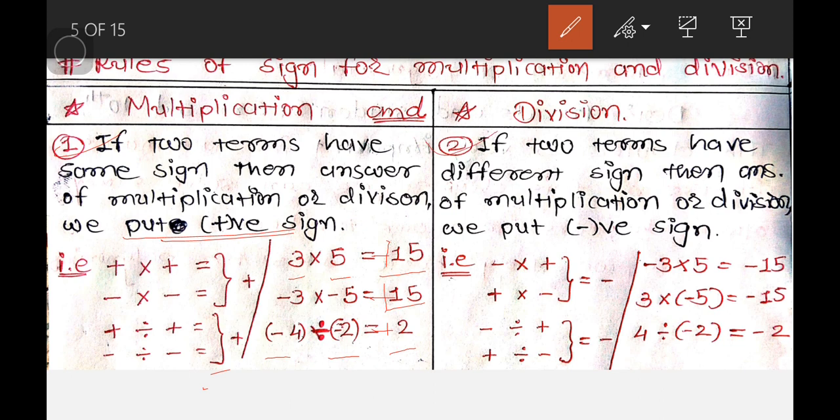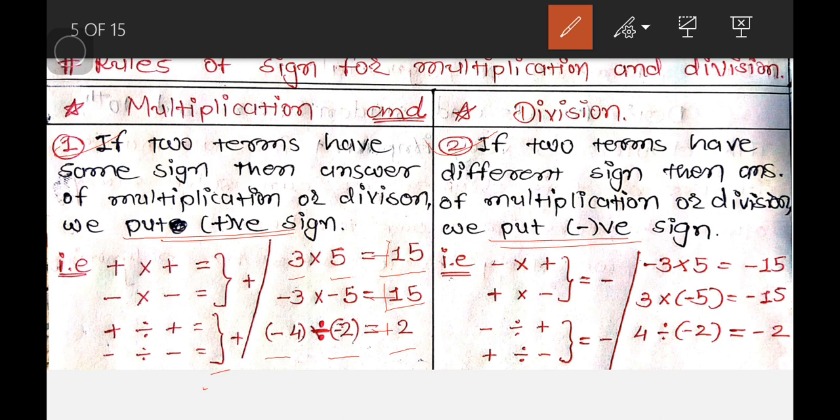And the second rule: if two terms have different signs, then for the answer of multiplication or division we put a negative sign or minus sign.